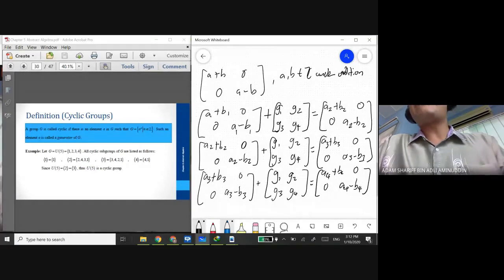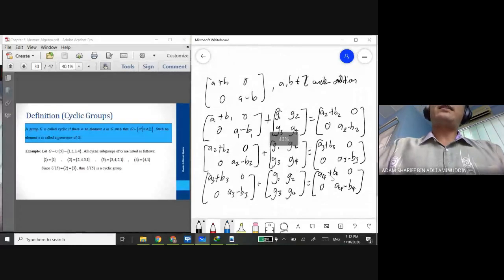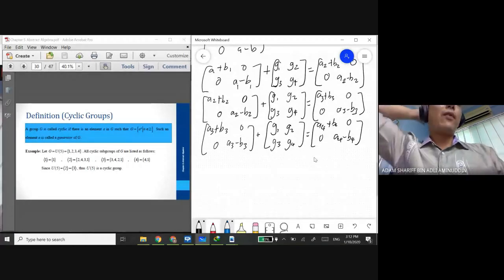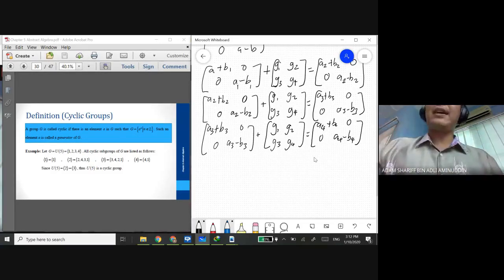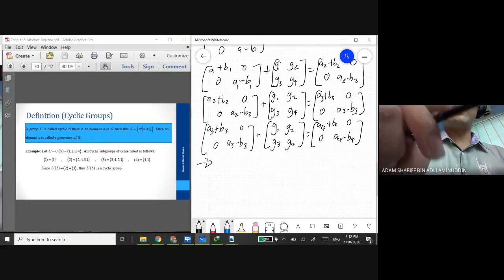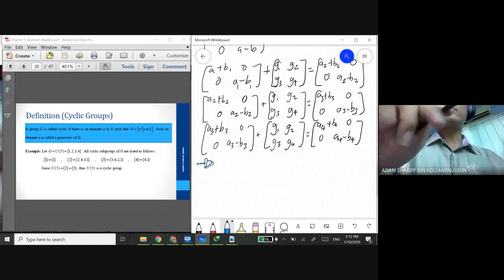So imagine an infinite sequence here. What is the G1, G2, G3, and G4 that will always produce another element every time? Okay, this is in the abstract manner. In abstract algebra, maka ini abstract. I tunjuk contoh yang tidak abstract.